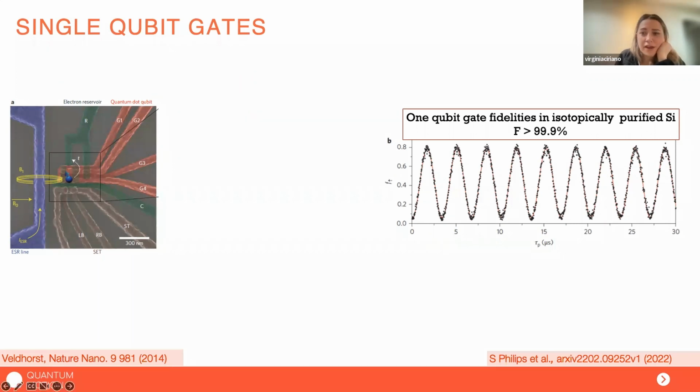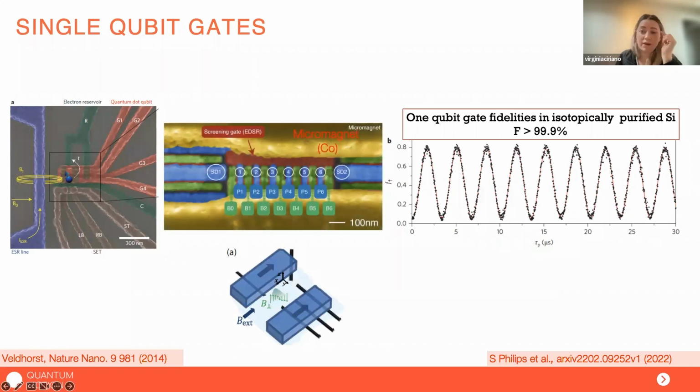Okay, so another way of creating this oscillating magnetic field near your quantum dot would be to put micromagnets near your quantum dot. Now, what your micromagnets do is modify the magnitude of your magnetic field in space. So instead of having to directly apply an oscillating magnetic field, you would apply an oscillating voltage that makes the electron move back and forward, and that changes its magnetic field.